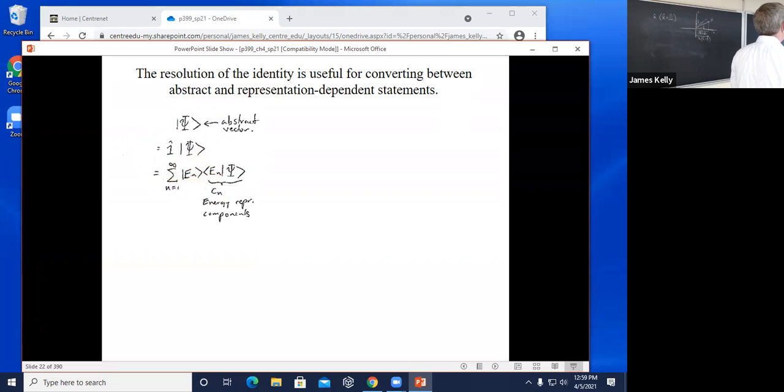So let's imagine we're in the context of the infinite square well, since I'm starting at n equals 1 here. Infinite square well solutions, and we would say our energy eigenvectors span the space and they're mutually orthogonal and normalized to each other, then this is a perfectly good way to write the resolution of the identity. There are lots of different ways to write it.